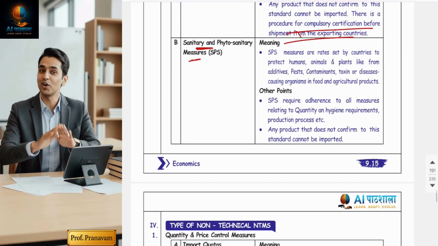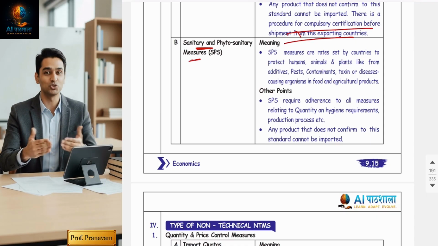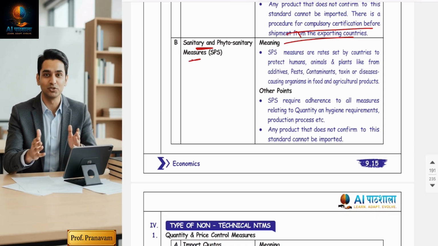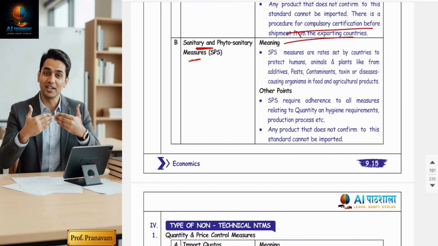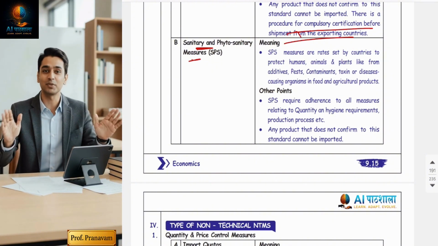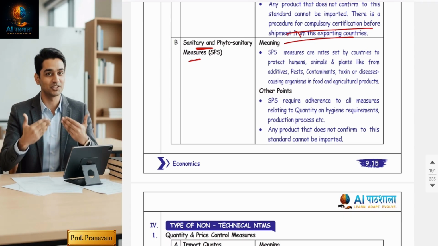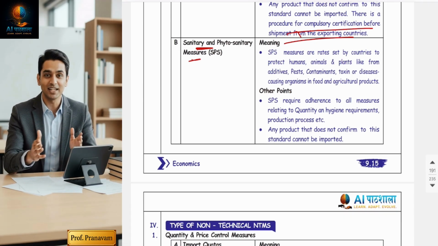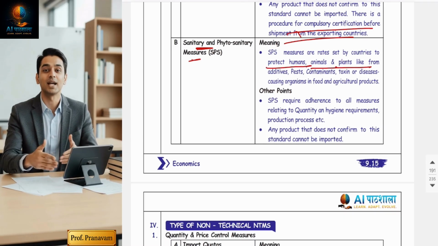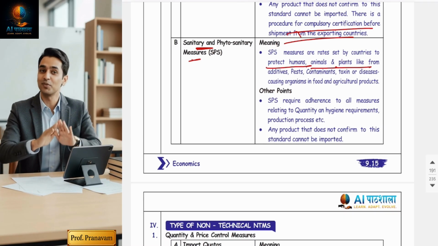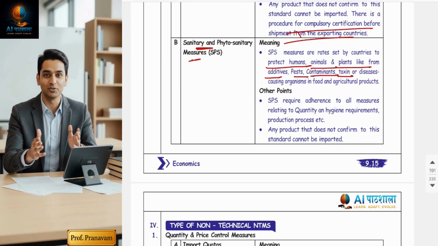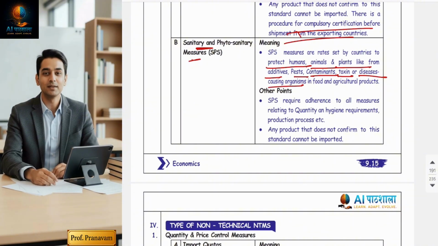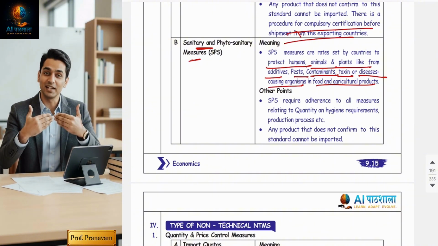Next is sanitary and phytosanitary measures. What is SPS actually? First you understand the meaning, guys. Now we move to food and agriculture. SPS measures are rules imposed to protect humans, animals, and plants from risks arising due to additives, pests, contaminants, toxins, and disease-causing organisms in food and agriculture products.